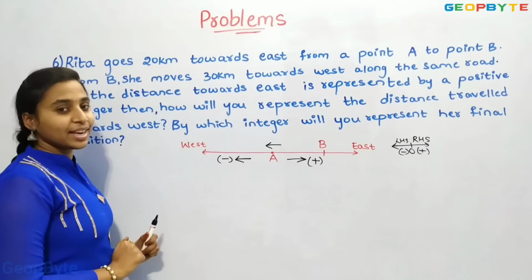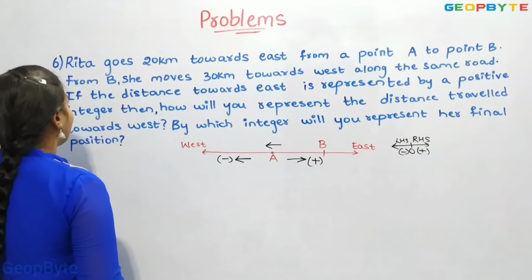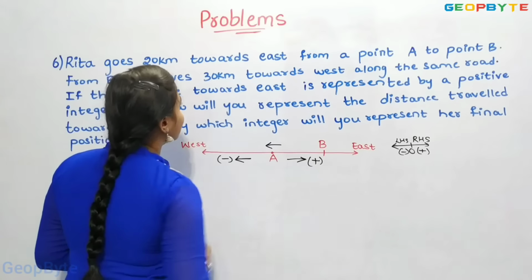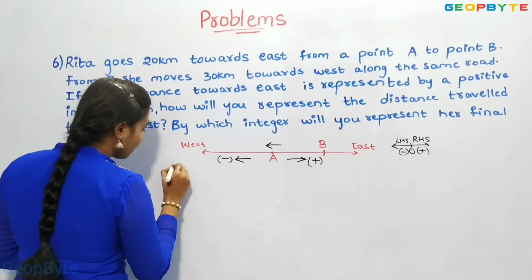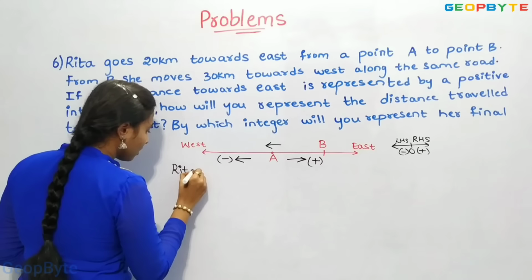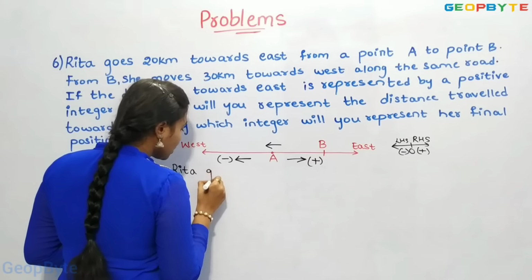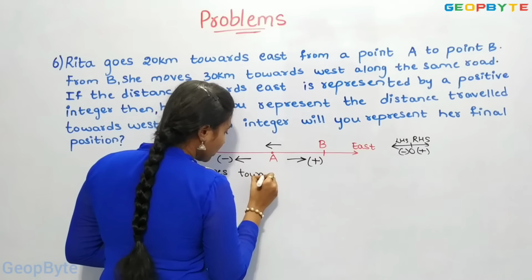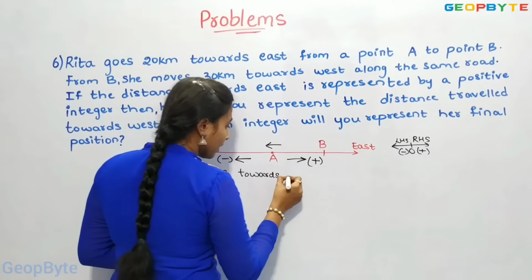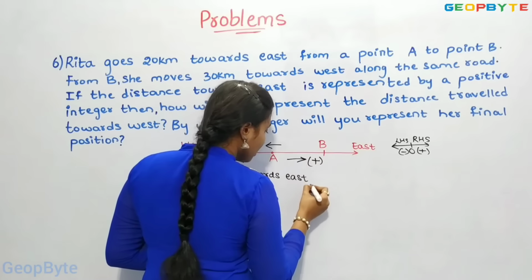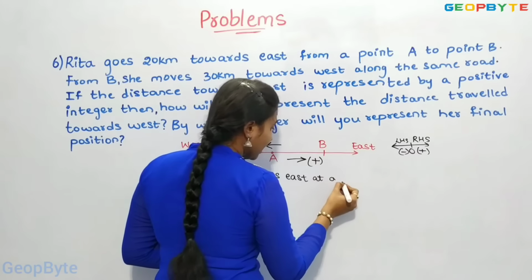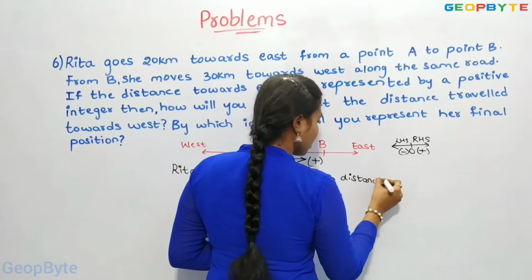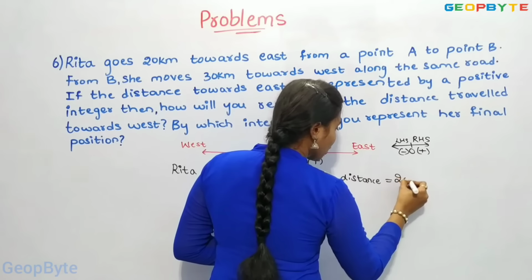Now, by which integer will you represent her final position? Let us see now. Let us write the given data. Rita goes towards east at a distance 20 kilometers.